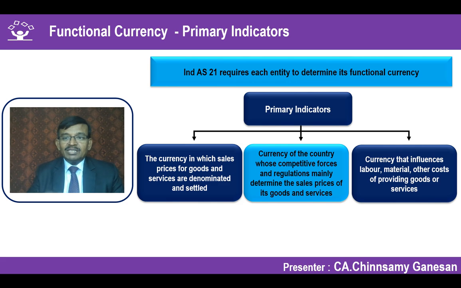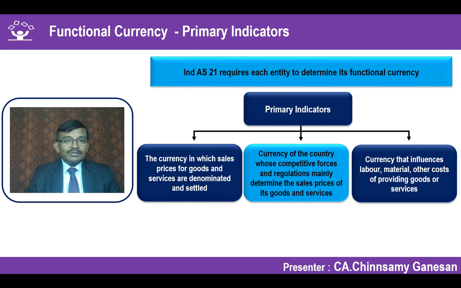But at the same time, the third indicator says, based on your cost, the currency which influences the cost settlement. So if I'm settling that in INR, but it will be converted into the equivalent US dollar. My local expenses are incurred in INR, local purchases are happening in INR, other costs are incurred in INR, and only a portion of the imports are settled in US dollar.